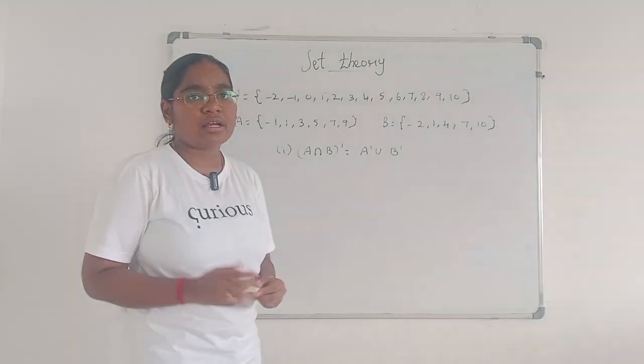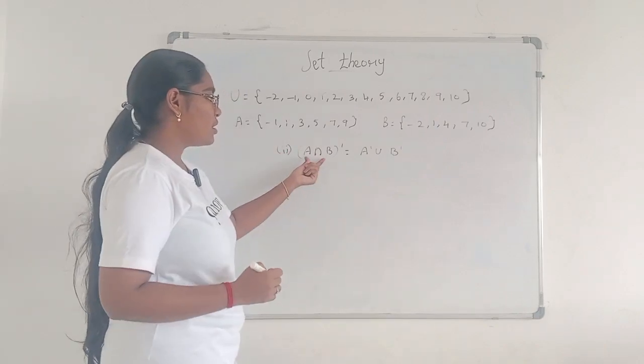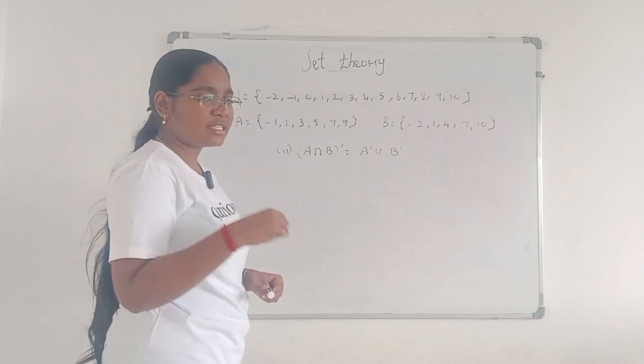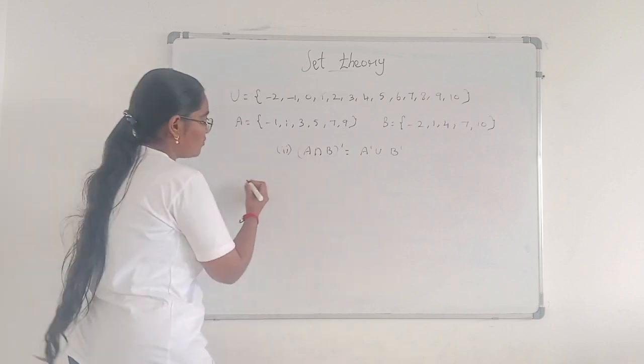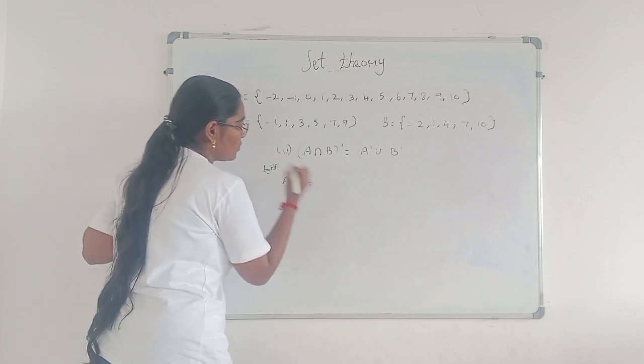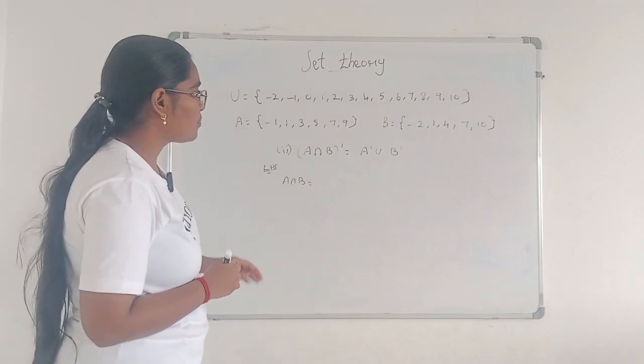Okay. Now let us verify the second law. (A intersection B)' equal to A' union B'. So first, in LHS, find A intersection B. A intersection B means the elements common to both of these sets.